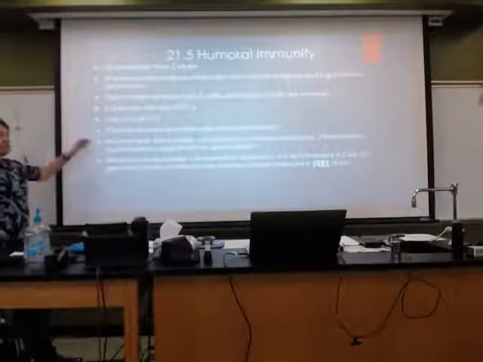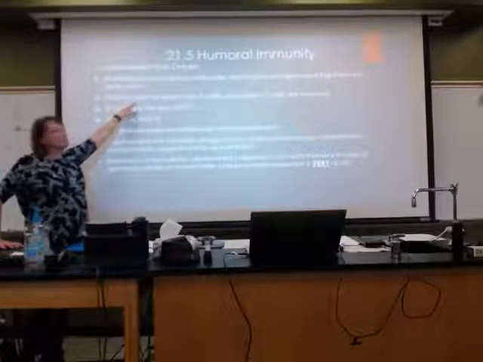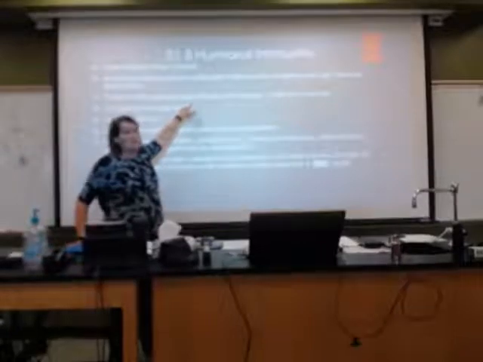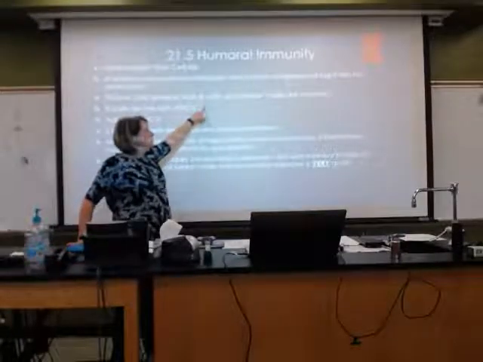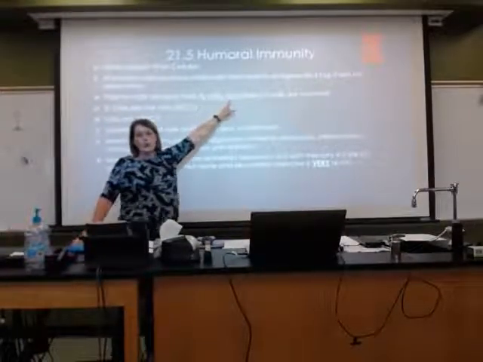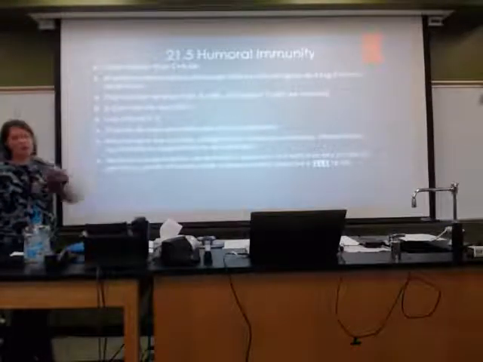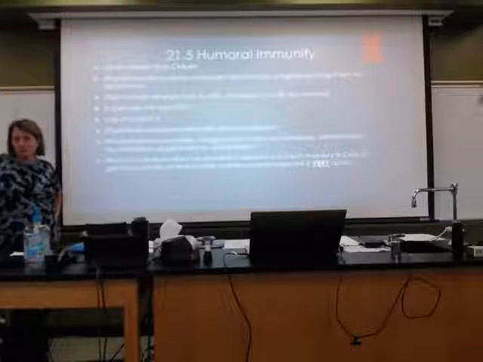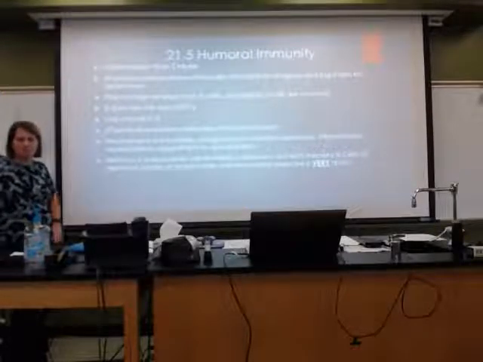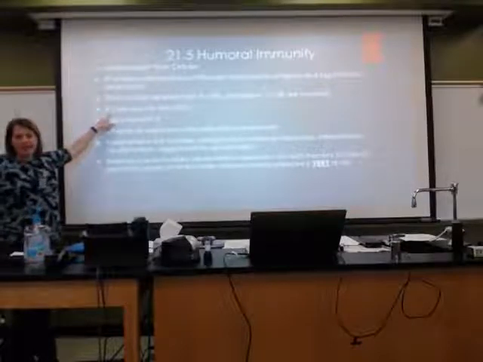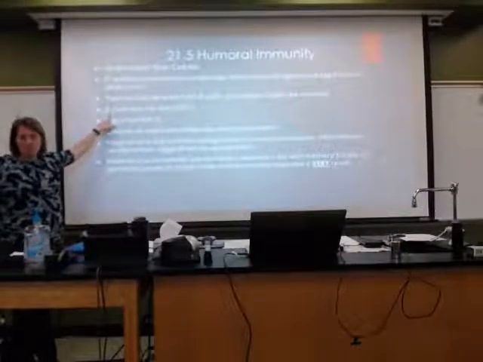We have plasma cells that are going to develop from the B cells, and this process requires T helper cells, the THs. The only antigen presenting cell is a B cell.